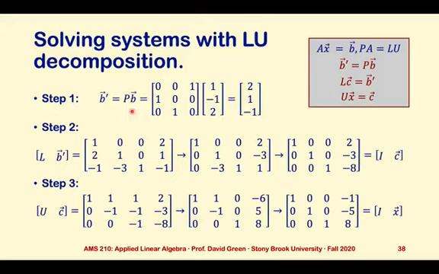Multiplying by a permutation matrix is not the same amount of work as multiplying by a regular matrix. It's just a reordering of the entries. The first row brings us the last column, so 2 moves to the first position. The second row pulls out the first, so we move the first entry to the second. The third row pulls out the second, we move the second to the third.